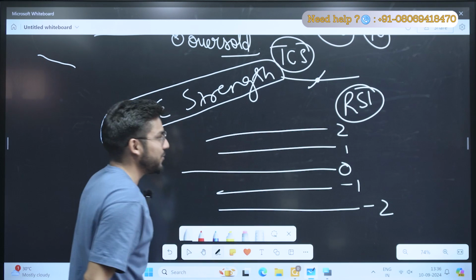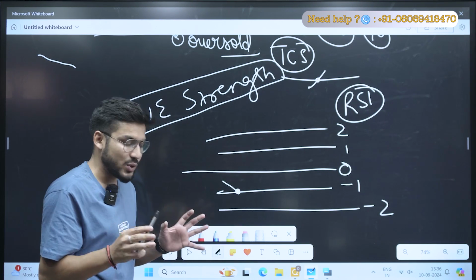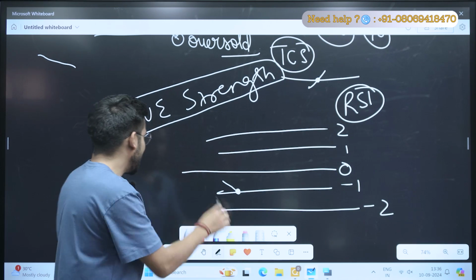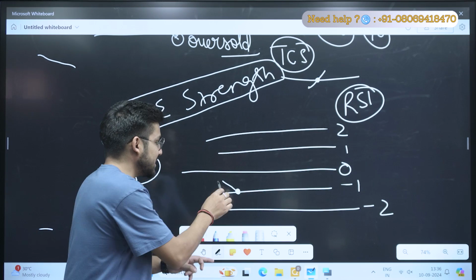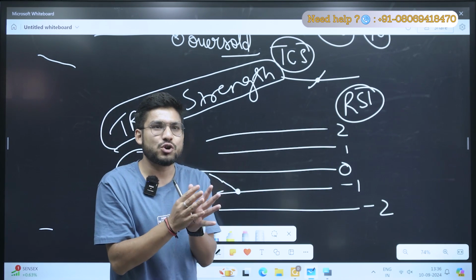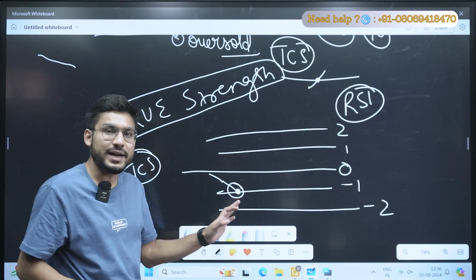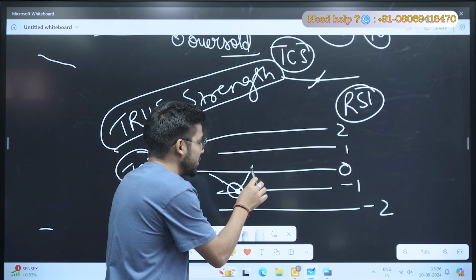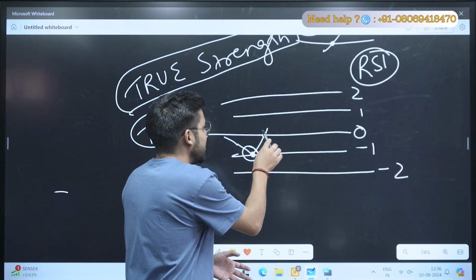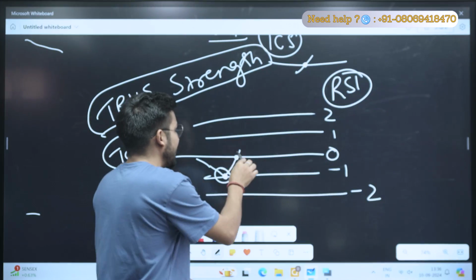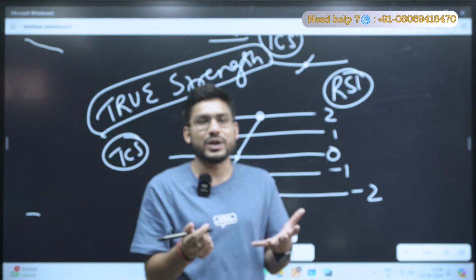If my true strength is below 1, or you can say it is at -1, then for a stock like TCS you can say that TCS is not performing good as I am comparing it to Nifty. If it goes above 0, it means it is performing good, and for example if it has reached level 2, it means it is outperforming Nifty, you can say also, right?